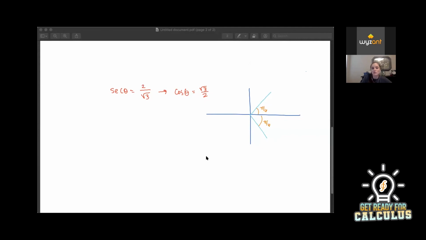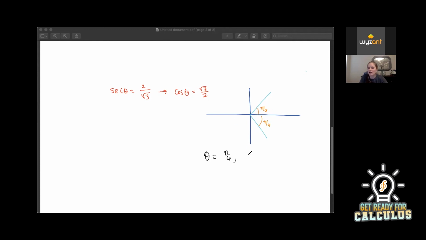So what we would want to say is that theta is either going to be pi over 6, which is fine because that's your first quadrant, so the reference angle is the same thing as theta. Or we can go all the way around, and then this one is going to be 360 minus pi over 6 will give us this distance around, because all we're concerned about is getting to the line here.